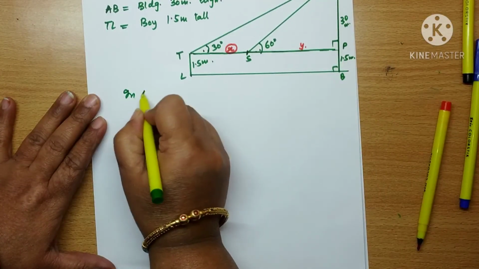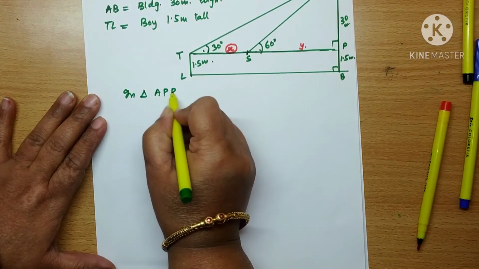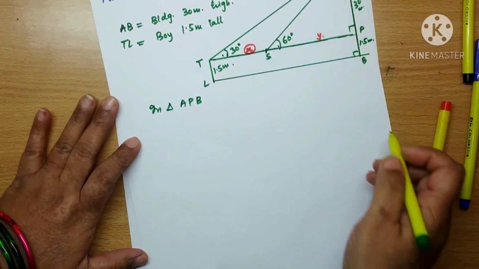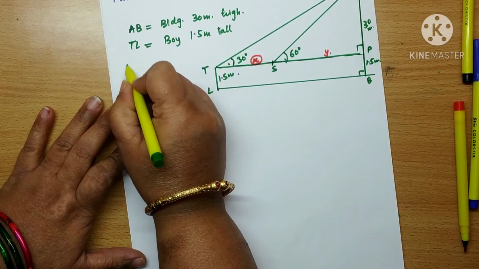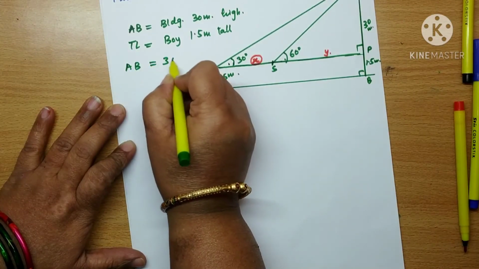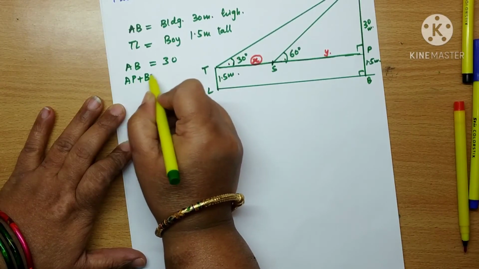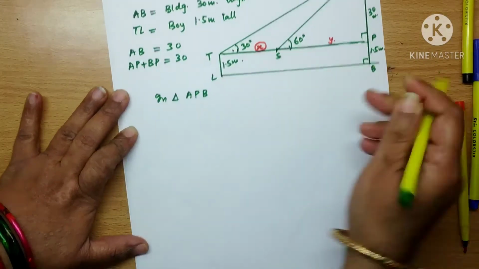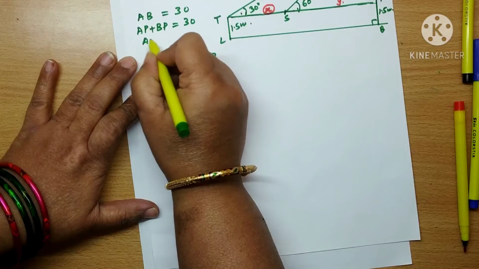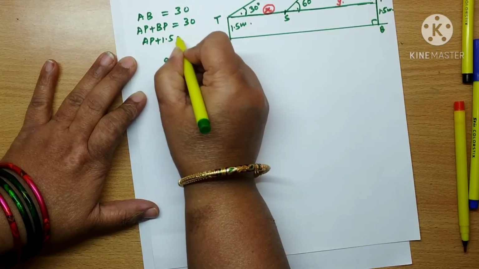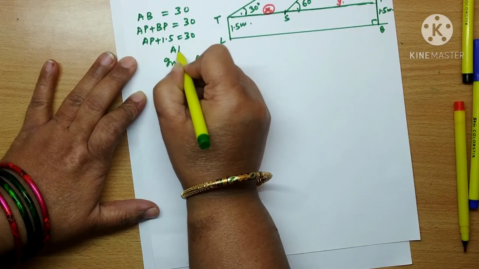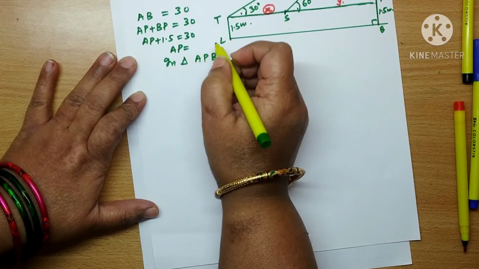Now in triangle APB, first of all let's find out AP. AB is 30, and what is AB comprising of? AP plus BP is 30. BP is 1.5, so AP plus 1.5 is 30. So my AP is 30 minus 1.5.